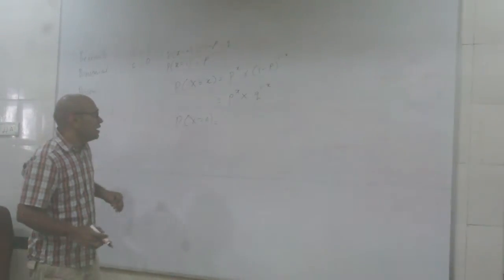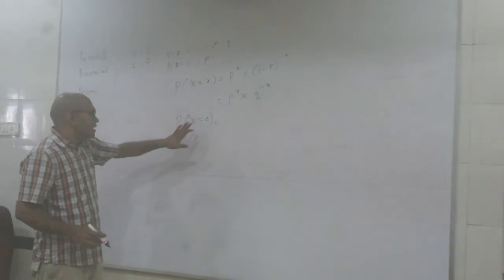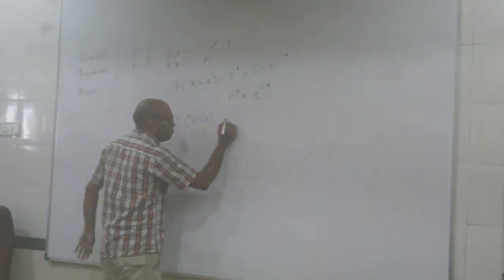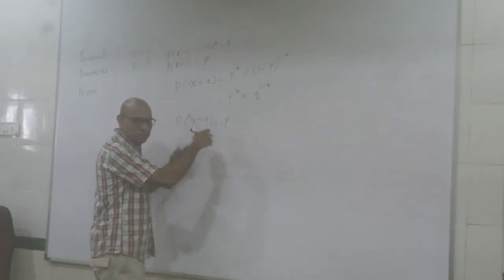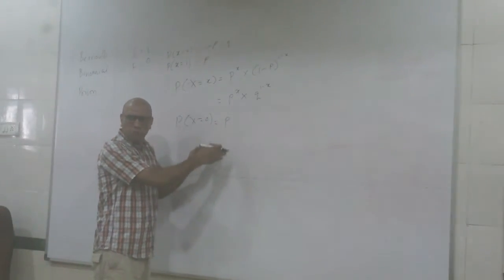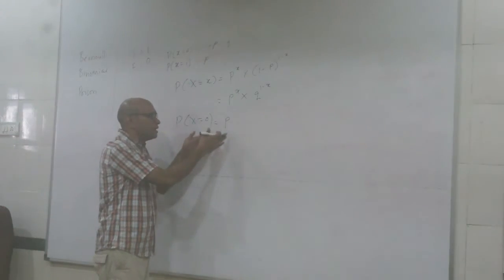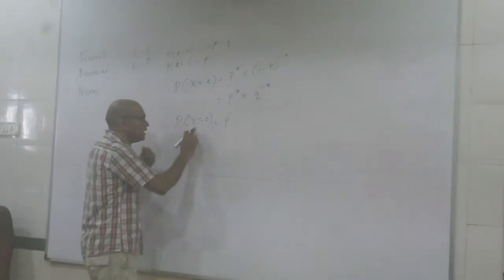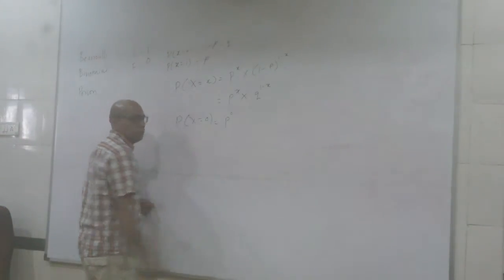Now, if I put this value 0 into this equation, I can make an assumption that p is 0.5, but right now I need not. x takes a value 0, right?